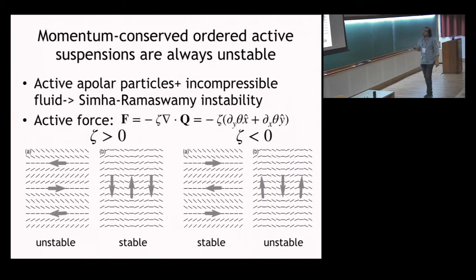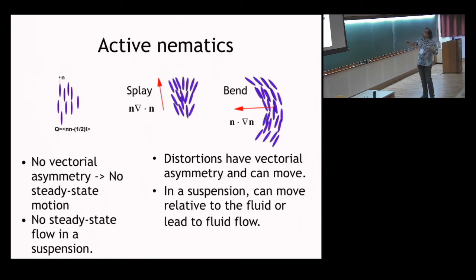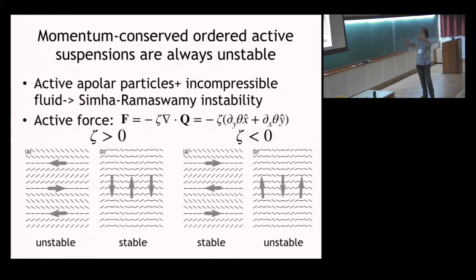And this was solved by Aditi Simha and Sriram Ramaswamy, and they showed that the forces due to these bend and splay fluctuations always destroy the uniaxially ordered phase. And an active force in a momentum-conserved system, the vectorial asymmetry, will be the divergence of Q, which you can think of as particles that pull fluid in or push fluid out through their ends.